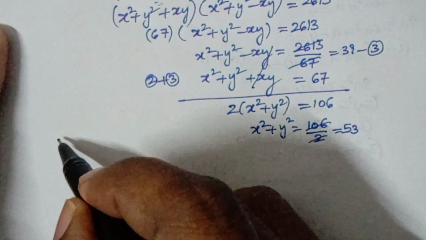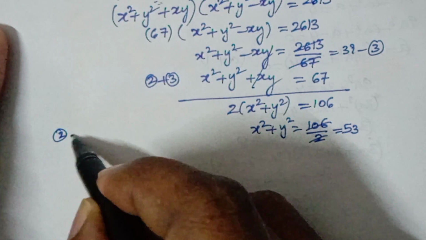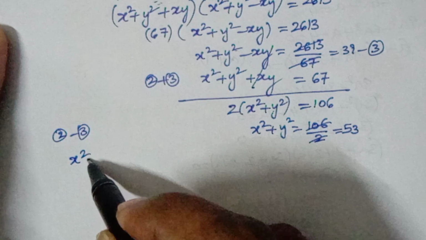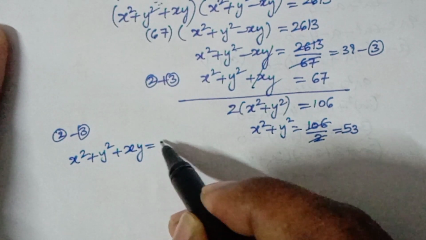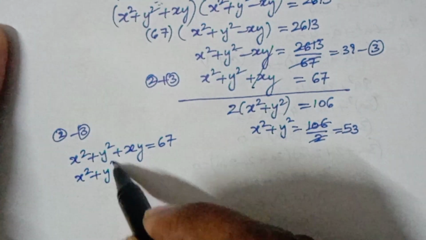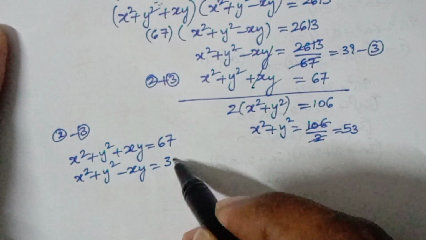Now if you subtract 2 minus 3: x^2 + y^2 + xy is equal to 67, x^2 + y^2 - xy is equal to 39.